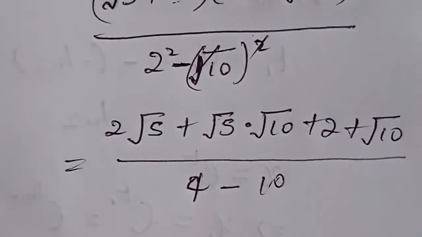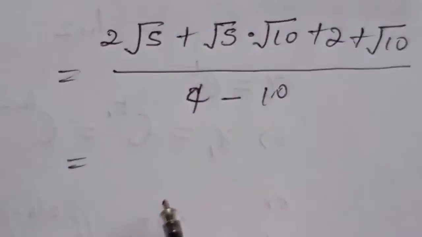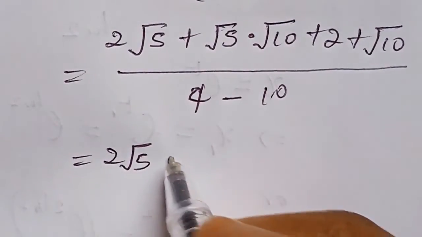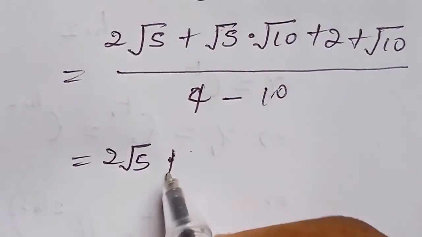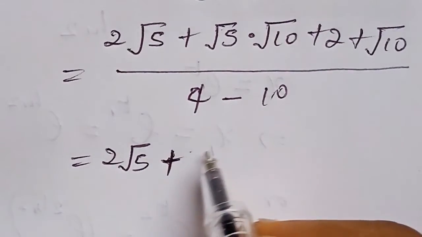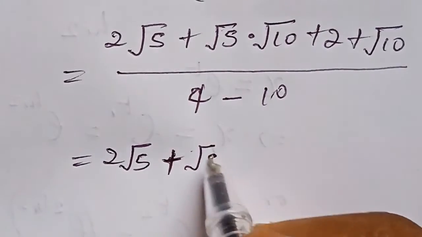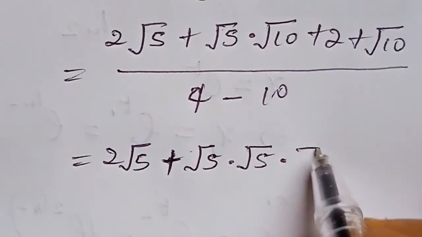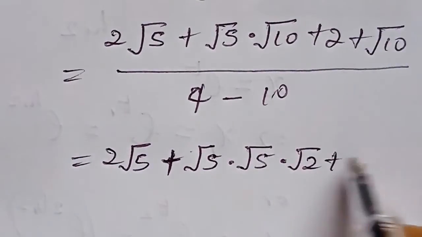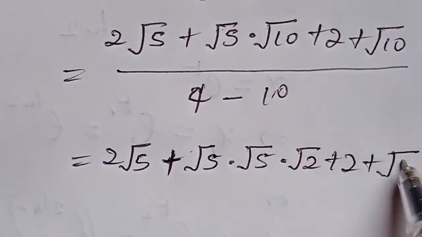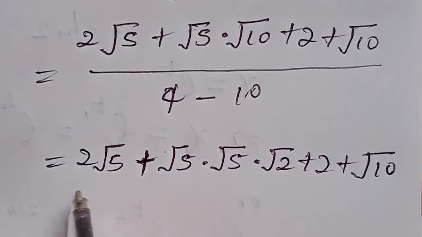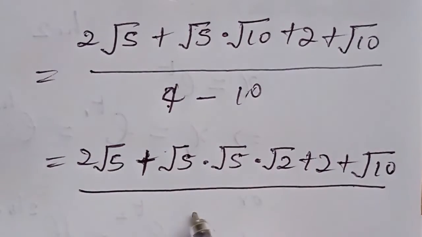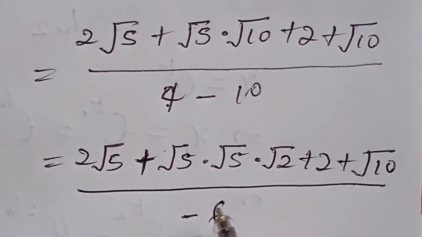And this is equal to 2 square root 5 plus square root 5 multiplied by square root 5 multiplied by square root 2 plus 2 plus square root of 10. Everything over, we have 4 minus 10 will give us minus 6.